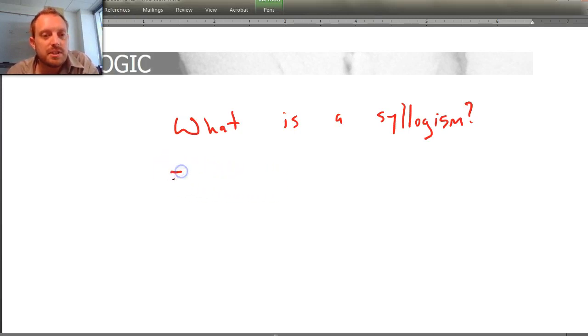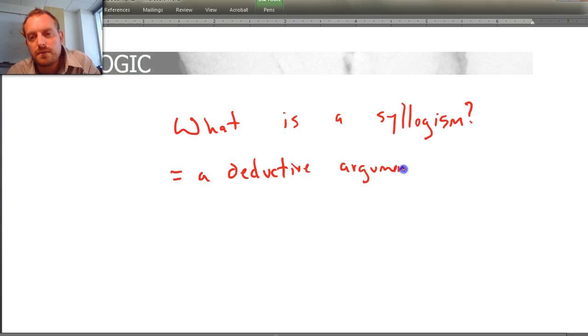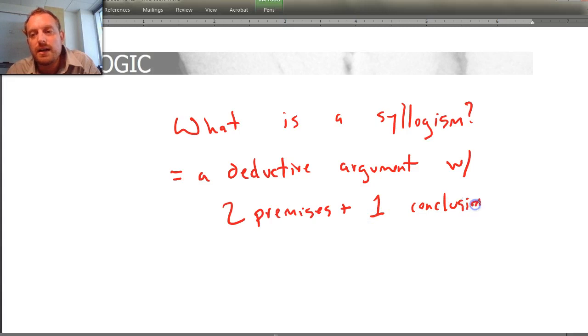In its simple definition, a syllogism is a deductive argument with two premises and one conclusion. And so basically any argument that has two premises and one conclusion can be called a syllogism.